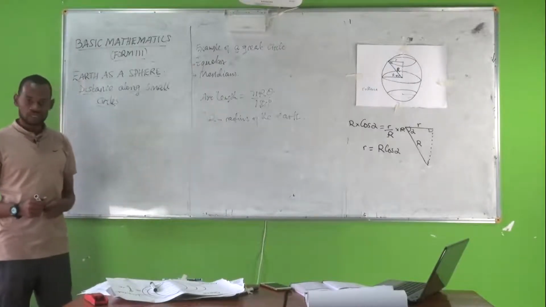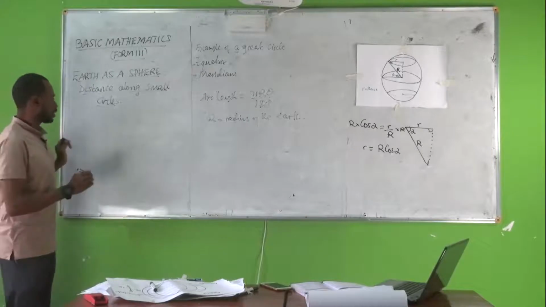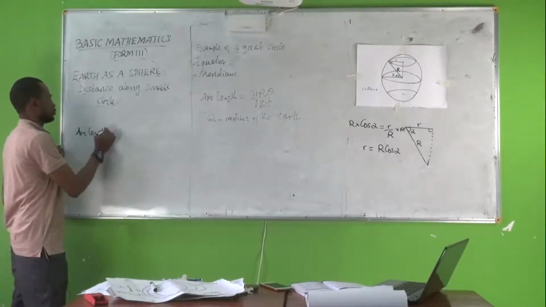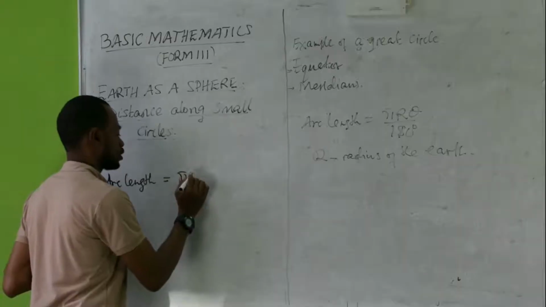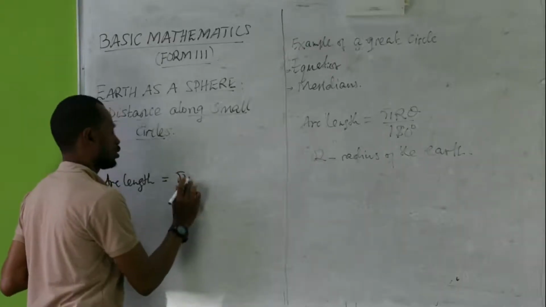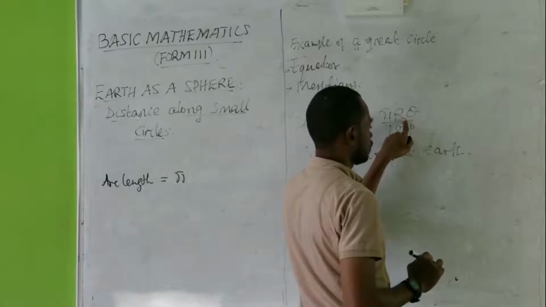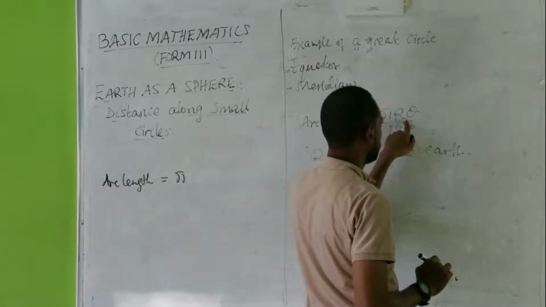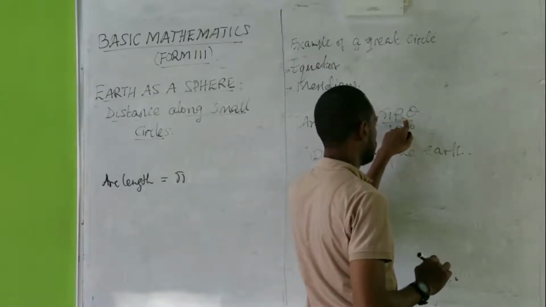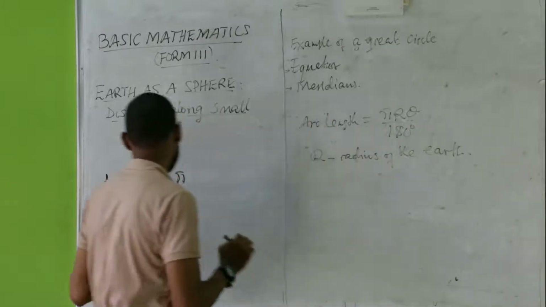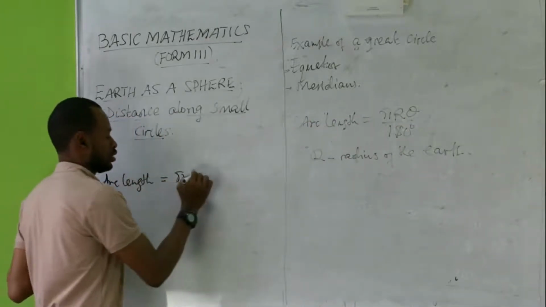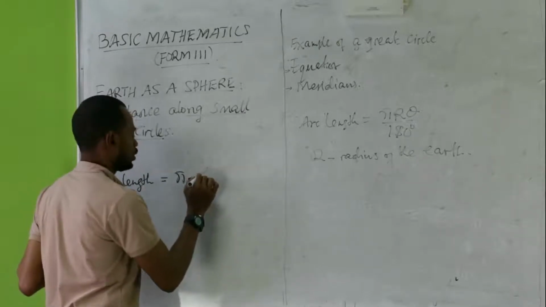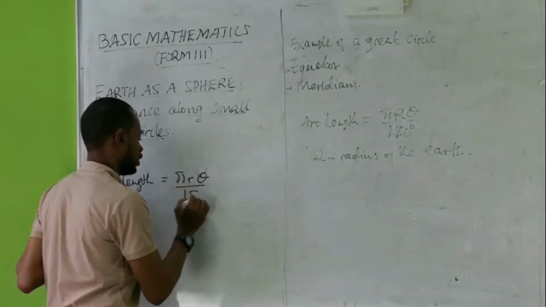For a small circle, the arc length is equal to pi small r, because it is a small circle, then theta over 180.